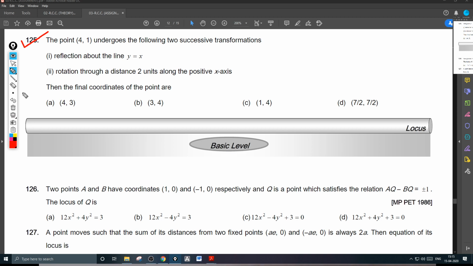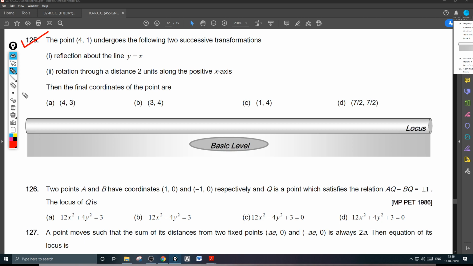The point (4, 1) undergoes the following two successive transformations. Number 1, reflection about the line y is equal to x. Number 2, translation through a distance 2 units along the positive x-axis. Then the final coordinates of the point are.